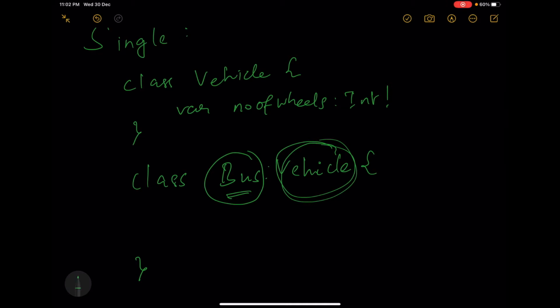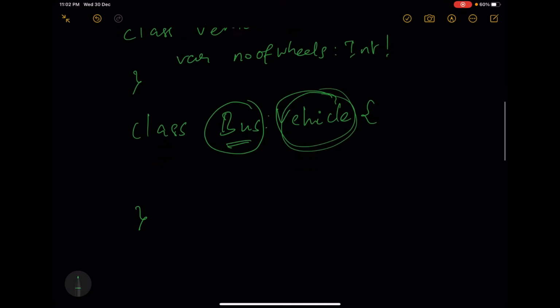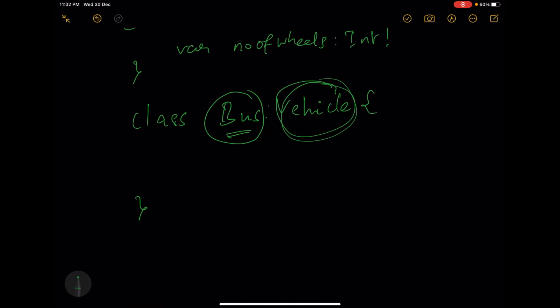That's simple. Let's look at the same in the coding. As we said, class vehicle, and then var number of wheels, which is of type Int.